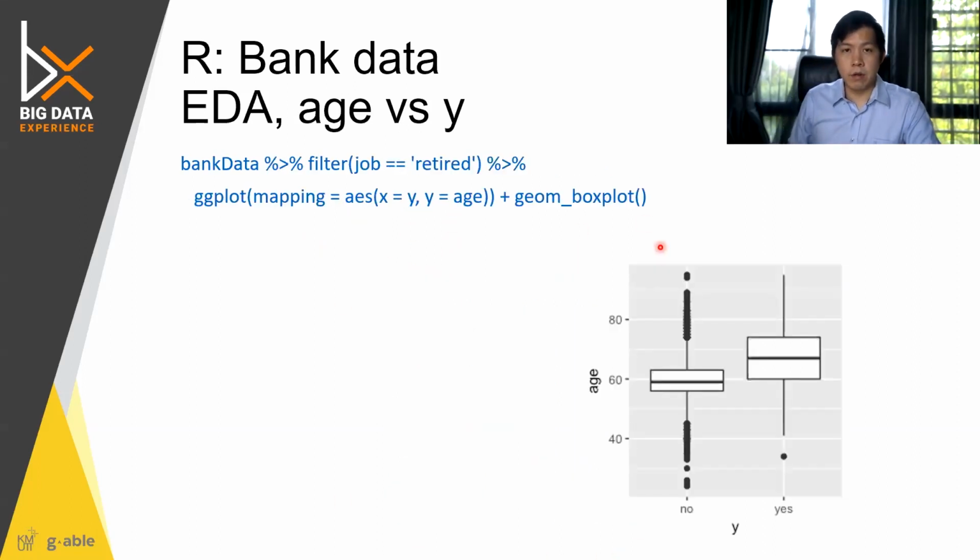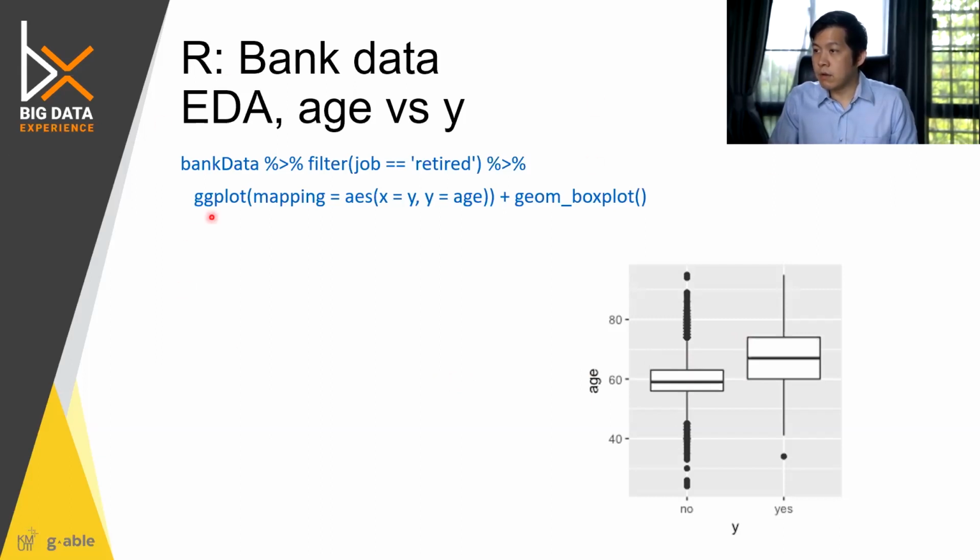And for the categorical variable like y and the numerical variable age here, we can find association by using distributions like a box plot, and then we can see if there are associations between variables or not. If these two boxes are far apart, that would mean that age associates with y, or the other way around, y associates with age. Between the two, they are quite equal relationships here, right?